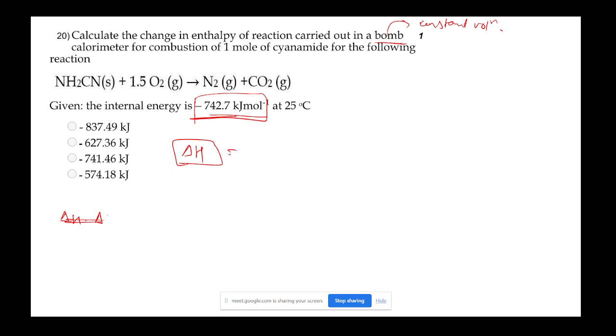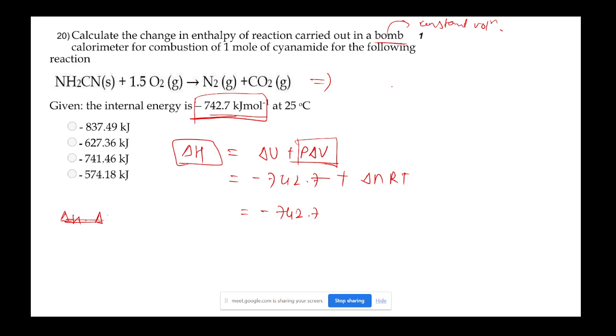Now delta H equals delta U plus P delta V, and delta U will be minus 742.7. Now P delta V, as I discussed in the earlier slide, will be written as delta N RT. So minus 742.7. Now delta N for this reaction, consider only gaseous components.